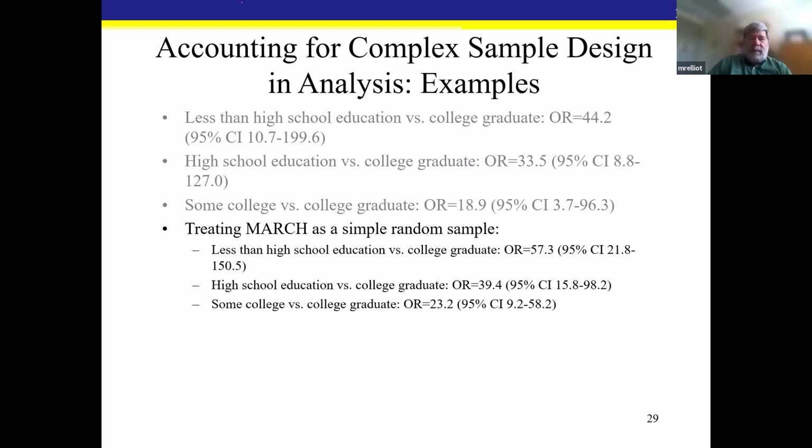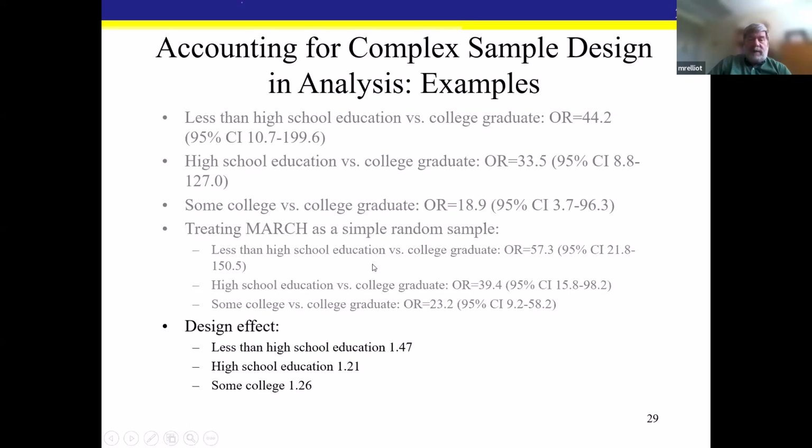If I treat it as a simple random sample, it even gets stronger, as you might guess from the fact that the overall rate was diminished somewhat when I put in the weights, and the intervals are less narrow.